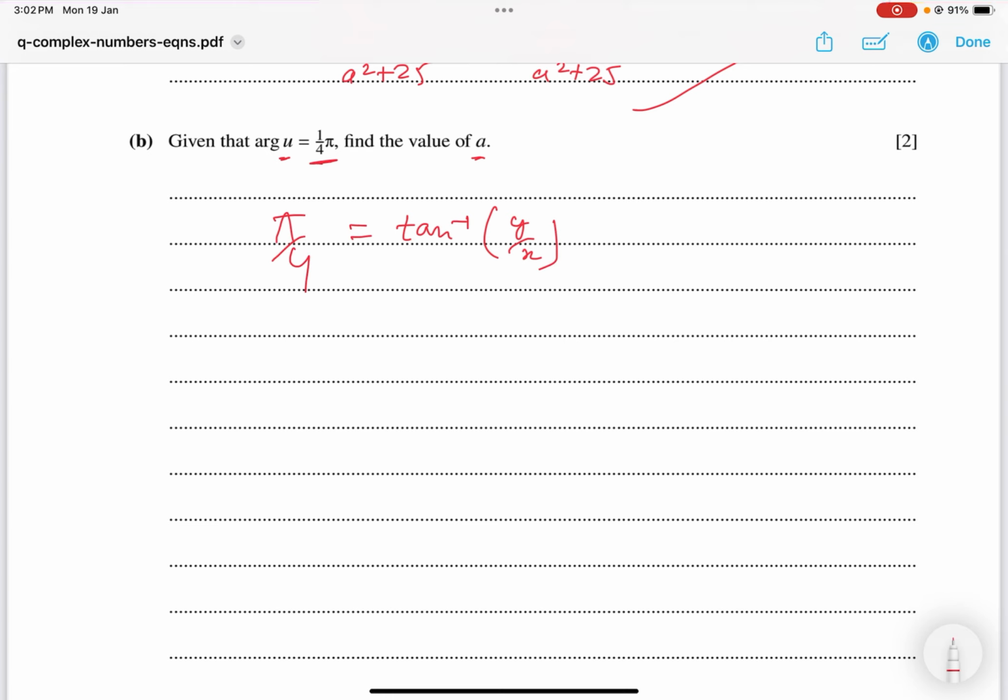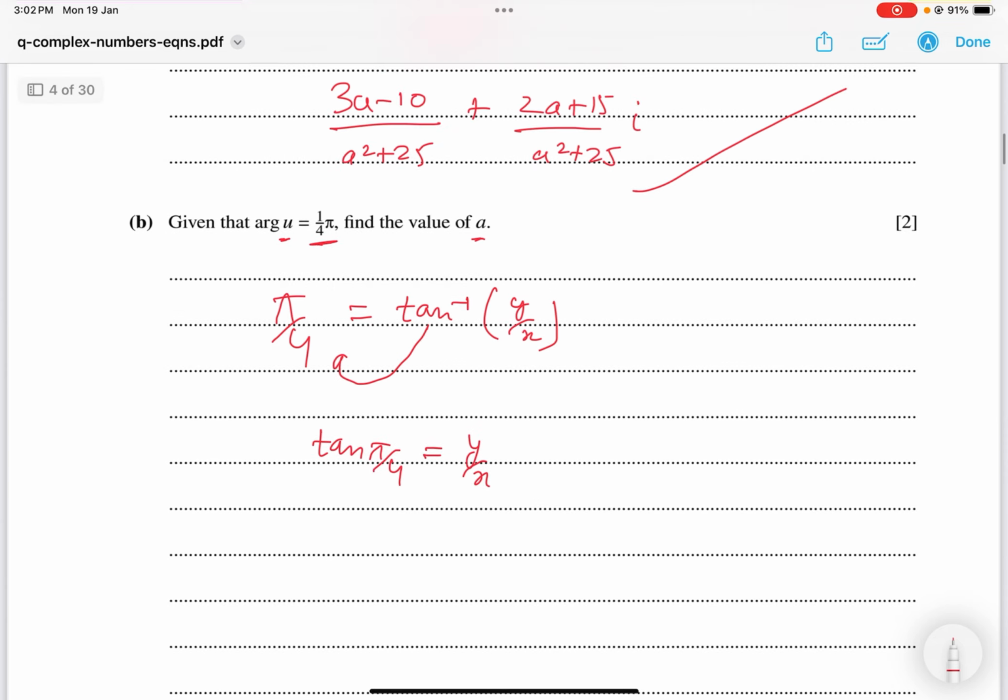That is given to us pi by 4. So if we send tan to the other side, it would be tan pi by 4 equals y upon x. What is y over here? y is this part and x is this part. So tan pi by 4, all of us know it is 1, equals y, that is 2a.